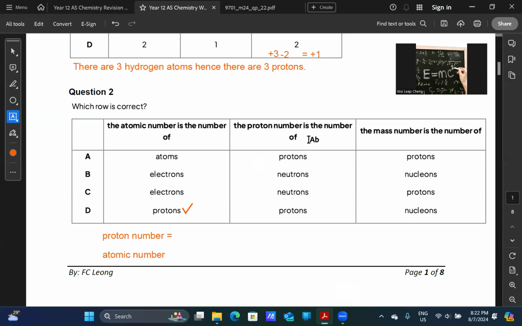Then the proton number is the number of protons.